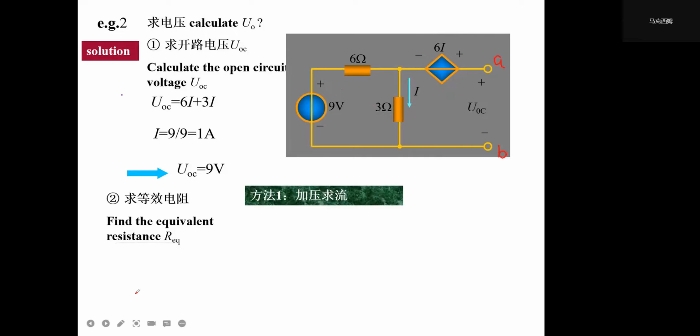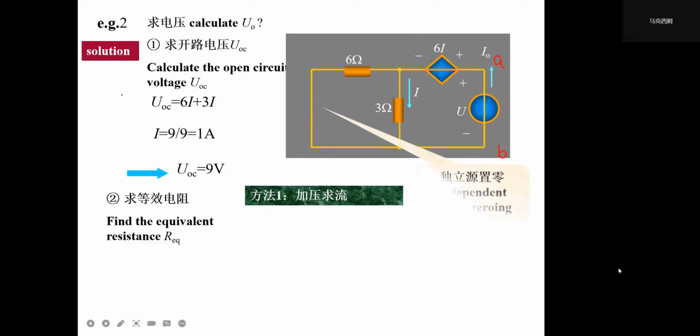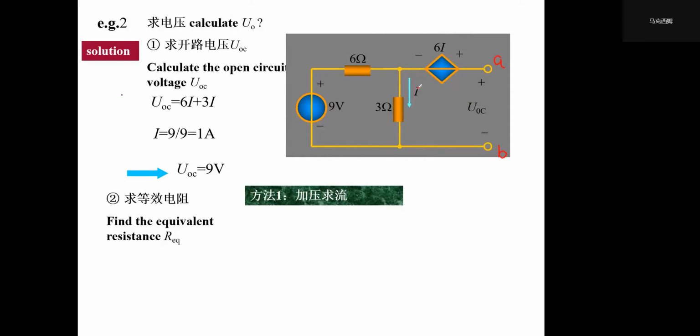Using the first method, the third method we learned this morning, when we are calculating the resistance, we can cut off the source.